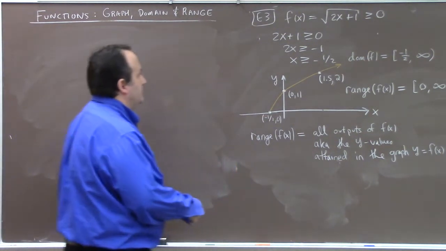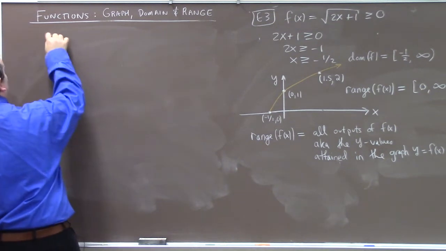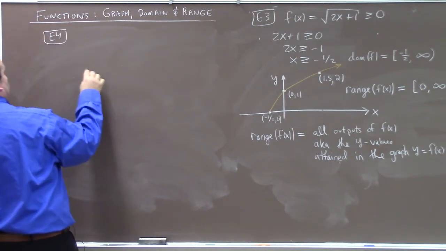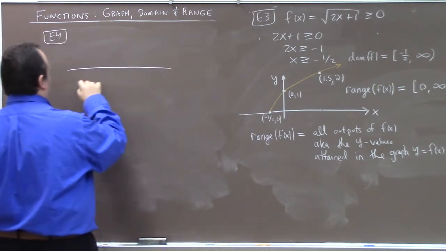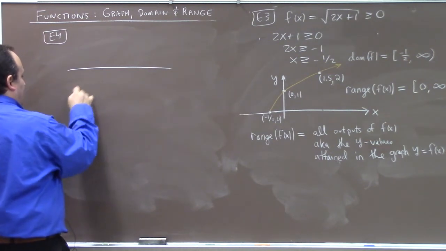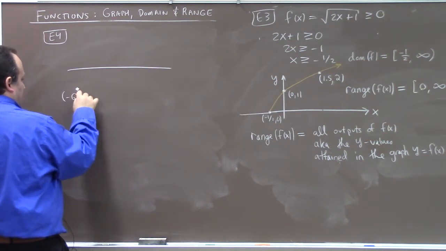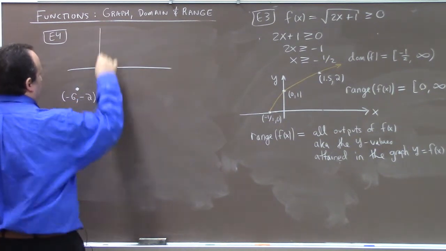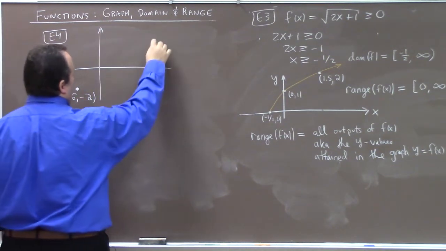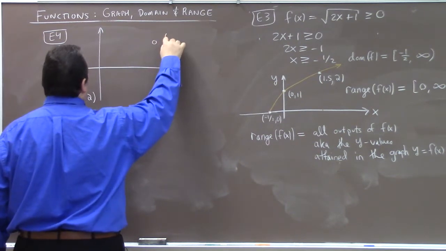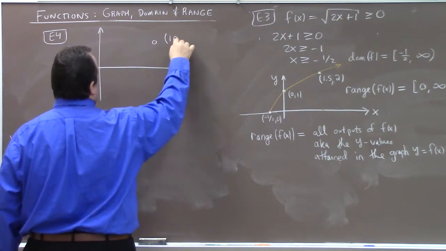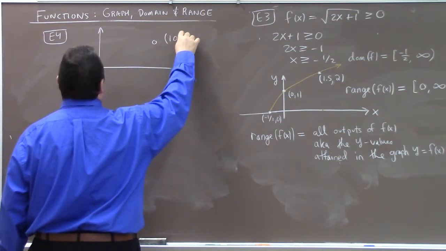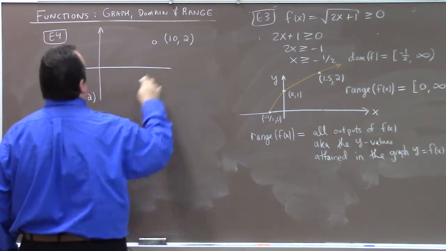All right, so another example. If I have, so I'm starting here, let's say at minus 6 comma minus 2, all right? And then I go over here to, oh, I don't know, 10 comma 2, right?